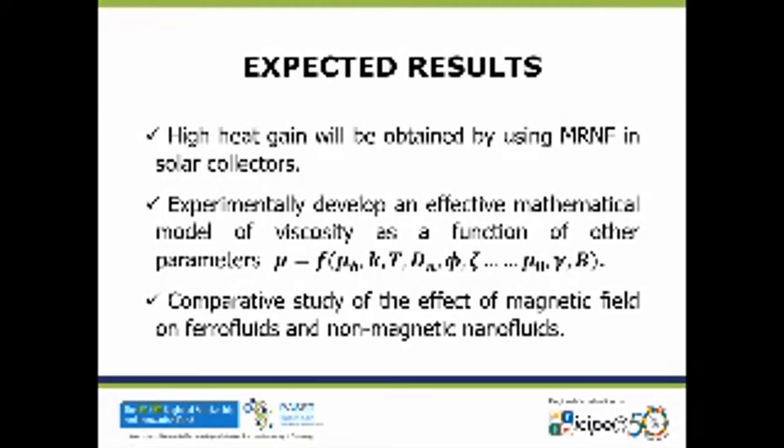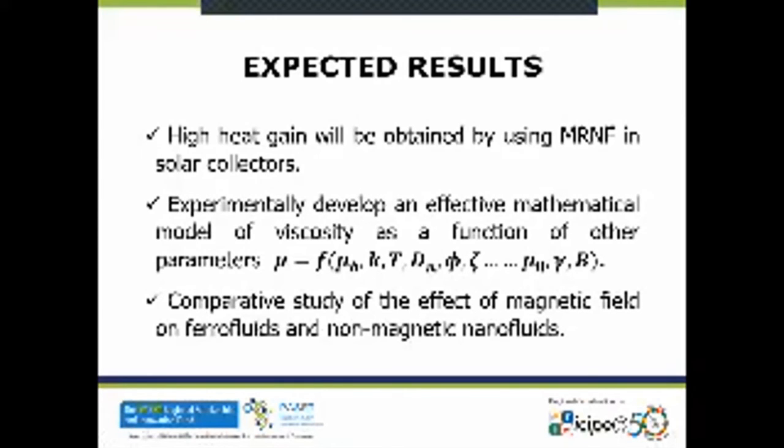Also, from this research, I need to put some simple mathematical formula to express or to predict the value of viscosity in terms of other parameters, such as thermal conductivity, temperature, dimension of the nanofluid, concentration of the nanoparticles, the zeta potential, and also the direction of the magnetic field and all the other values of the magnetic field.